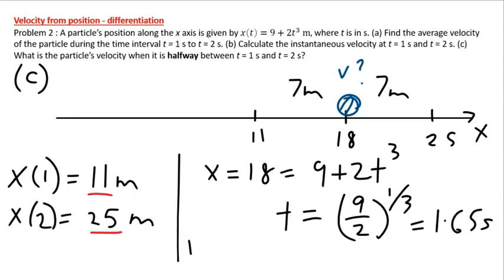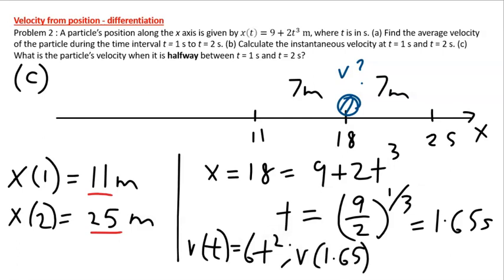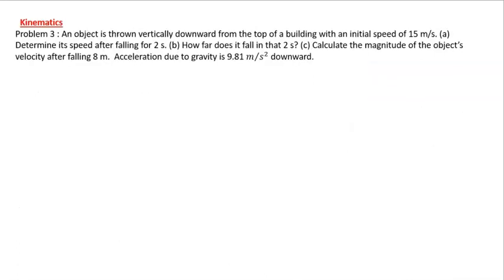And substituting that into the term for the instantaneous velocity, 6t squared, as we have seen before, evaluated at 1.65 seconds, it's going to be 6 times 1.65 squared, and that is 16.34 meters per second.